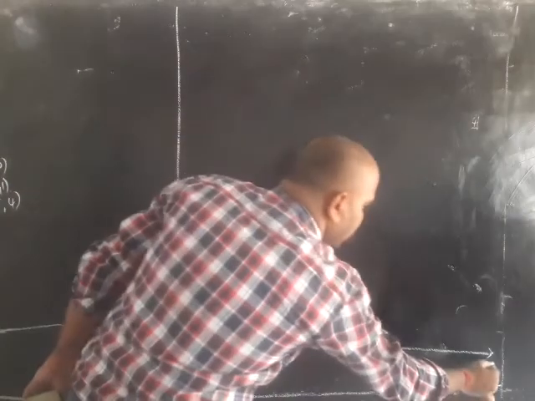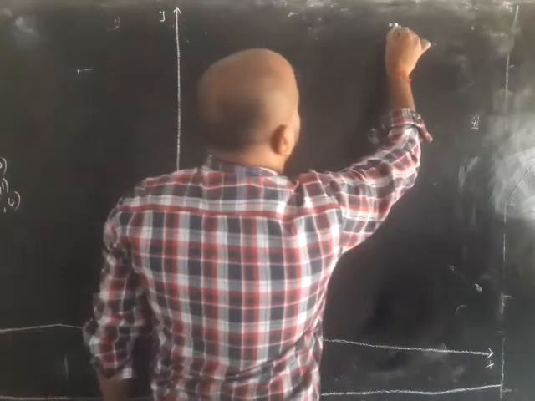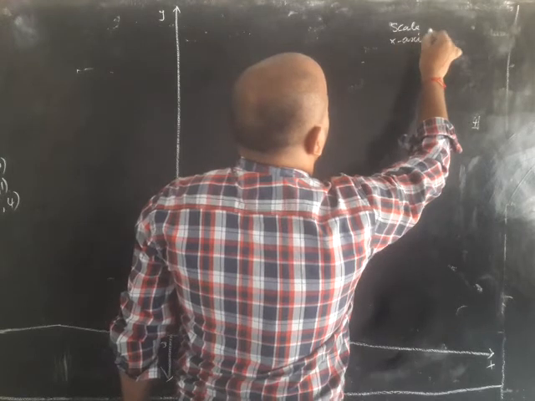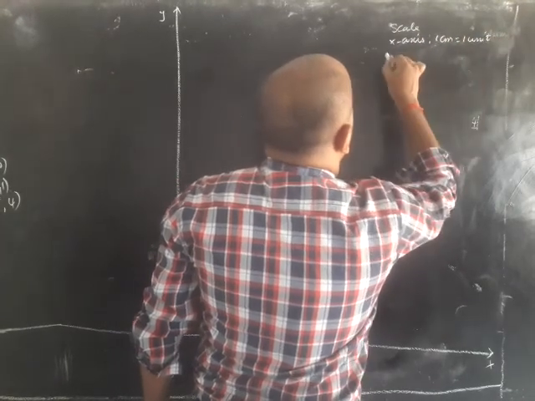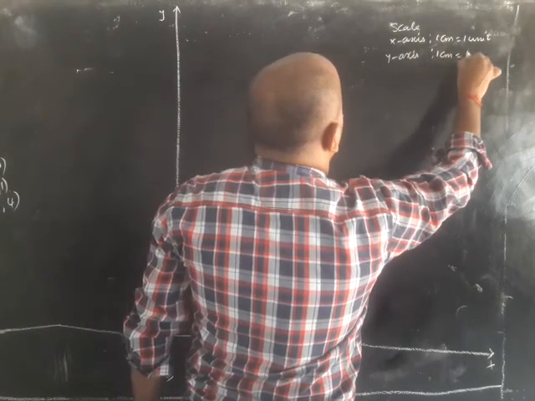Origin 0, x-axis, y-axis, scale: x-axis 1 centimeter is equal to 1 unit, y-axis 1 centimeter is equal to 1 unit.